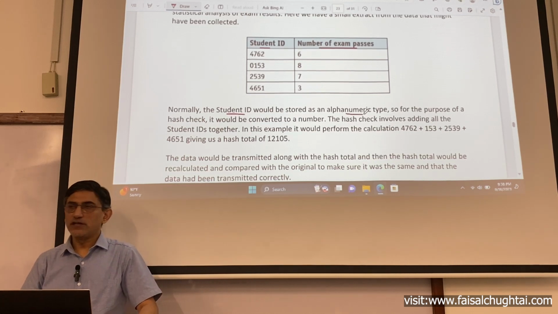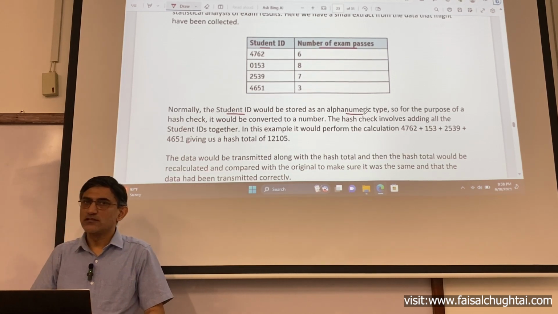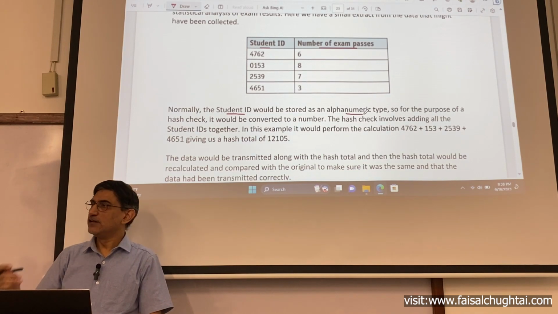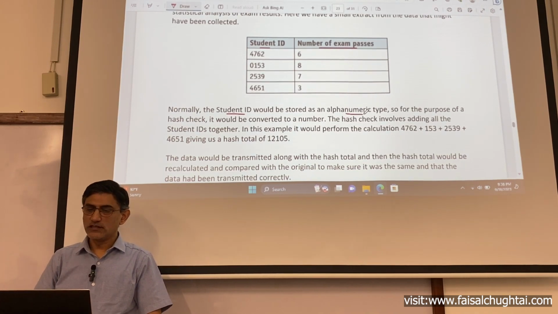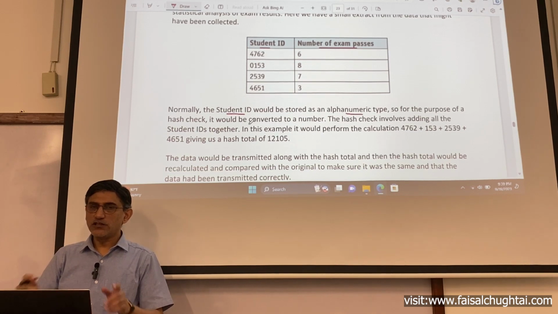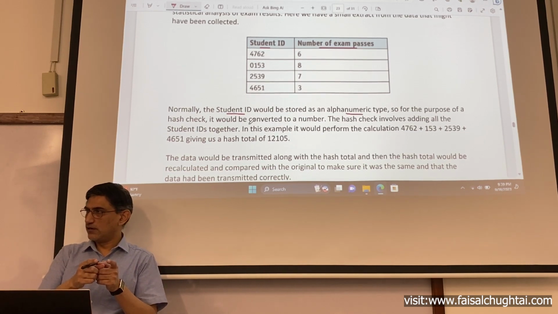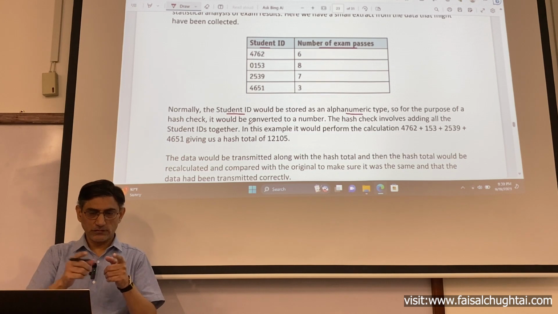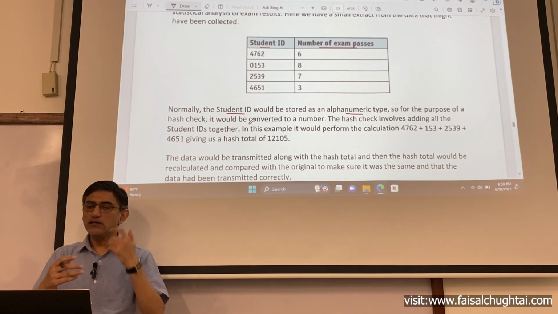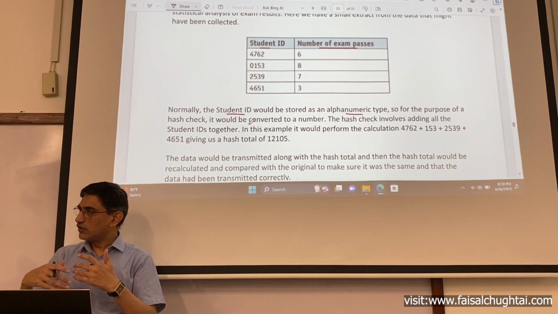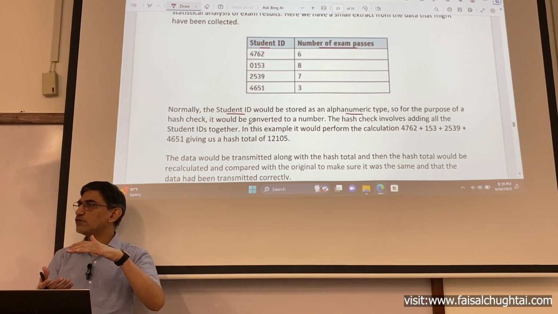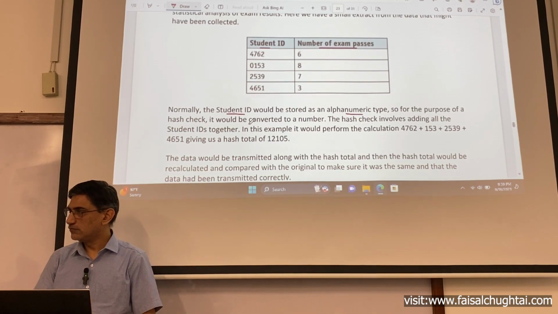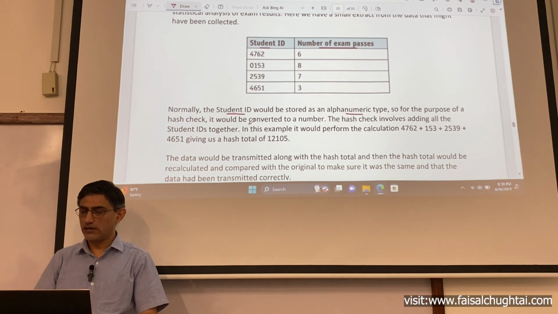You know what is alphanumeric data? Exactly. Any data which consists of both alphabets as well as numbers. But what he's saying is that for the sake of this example, we may choose to convert the student ID into pure numbers so that we can use it for doing a hash total. All right. He's just trying to give you an example.